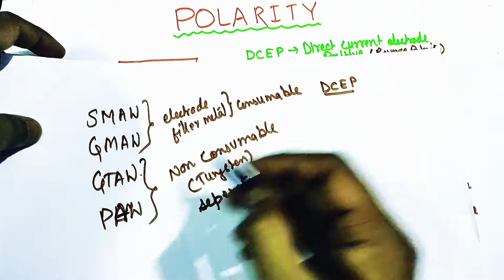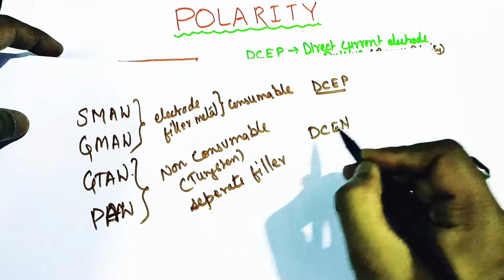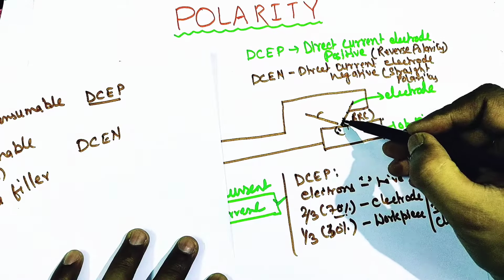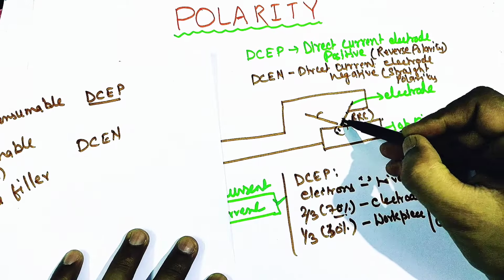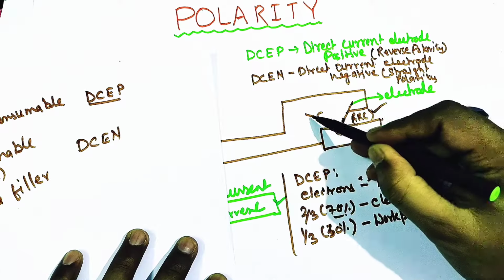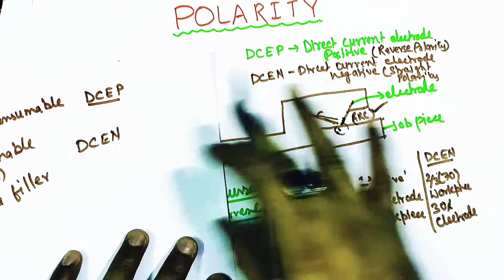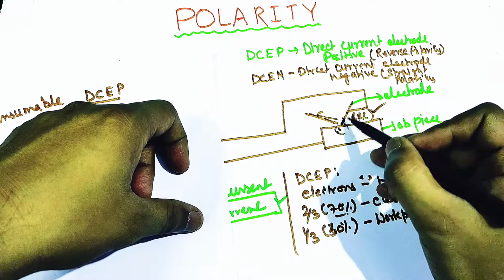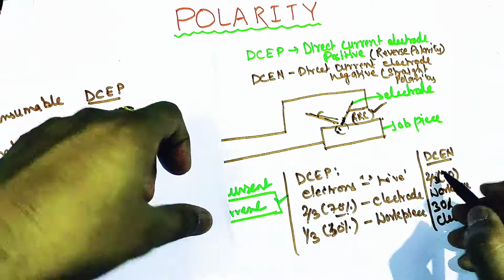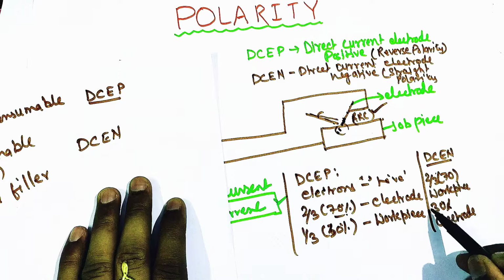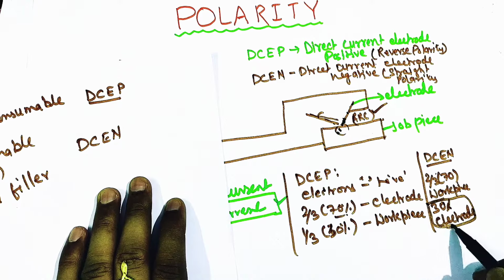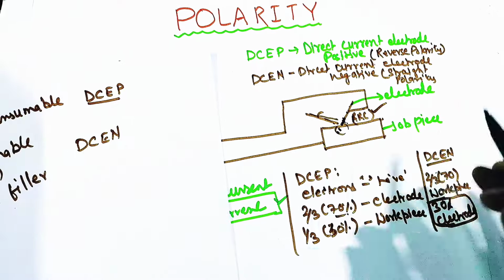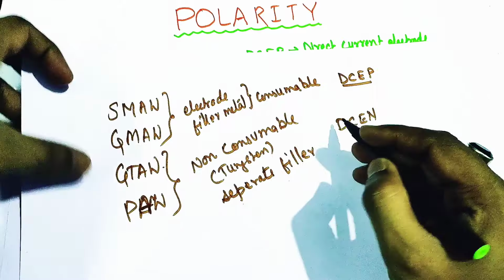Whereas in GTAW and PAW we use DCEN polarity. Why? Because in GTAW or TIG welding, our intention from the electrode is to produce only the arc, and additional filler metal is fed externally. So we don't need our electrode to be consumed or melted. Hence in DCEN only 30% of heat will be concentrated at the electrode, so the chances of the electrode getting melted will be less in GTAW.